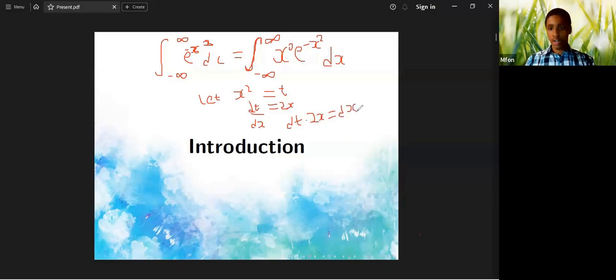So what we're going to do now is substitute it into the equation. So now this becomes the integral of e raised to power minus x all square.